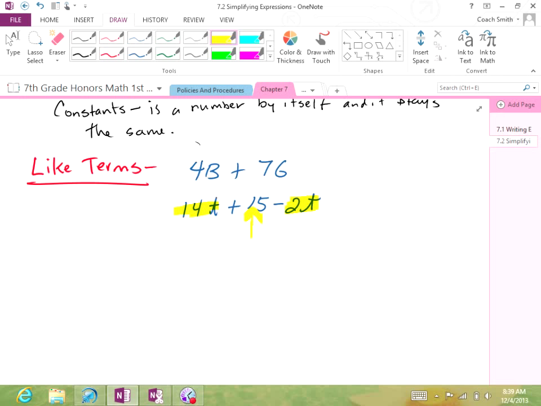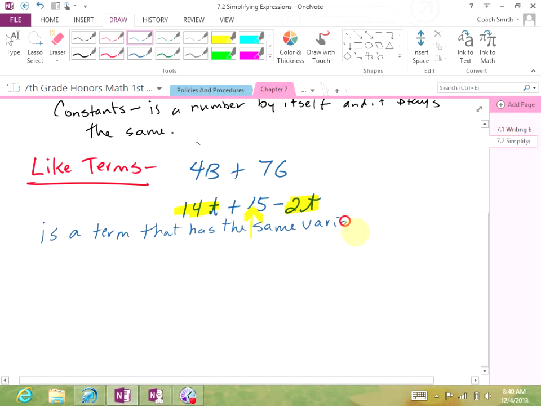Okay? Now, what defines a like term is this. A like term is a term that has the same variable raised to the same exponent.